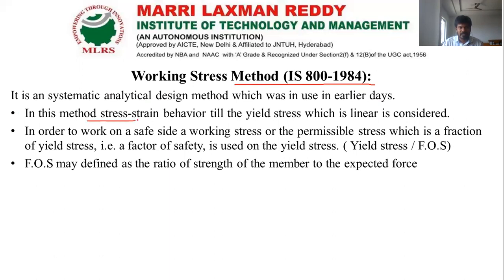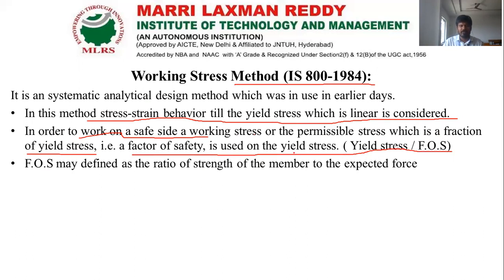In this method, the stress strain behavior till the yield stress, which is linear, is considered. In order to work on the safe side, the working stress or permissible stress is a fraction of yield stress. That is the factor of safety we are going to use, and it will also be high.